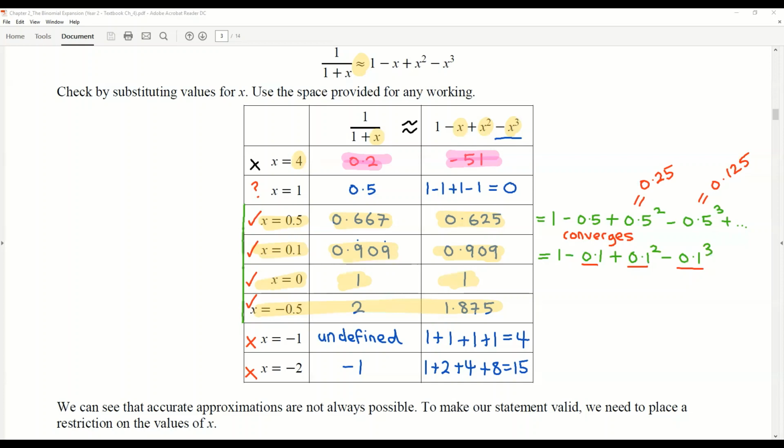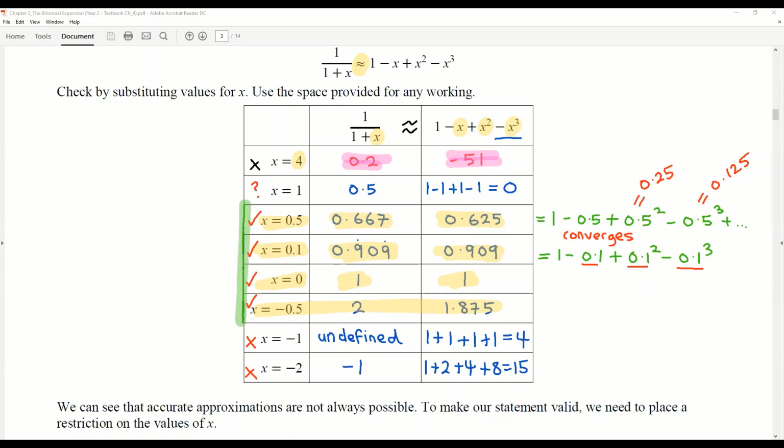So what we need to do is broaden our definition now. We need to say, well, our expansions are valid, but only for a very limited number of values. And you can probably guess from what we've talked about that these values are valid for a reason, okay? Because when we raise them to certain powers, they are going to get smaller and smaller and smaller.